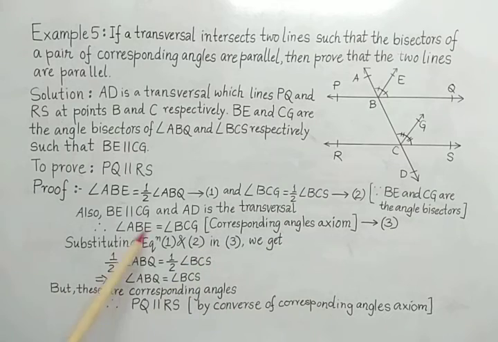Now what we will do is, in equation 3 we will substitute the value of ABE and the value of BCG. The value of ABE is half of angle ABQ and BCG is half of angle BCS. So this half will get cancelled out. We will be left with angle ABQ is equal to angle BCS.